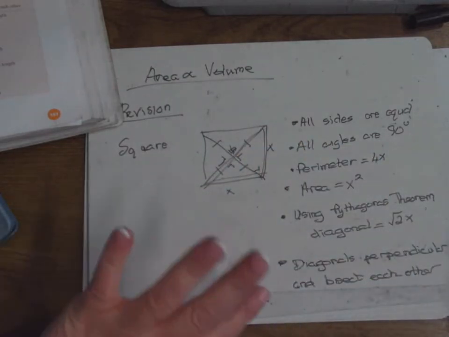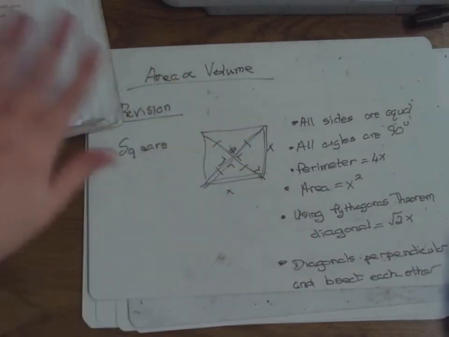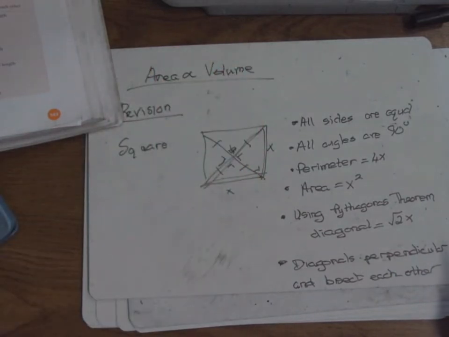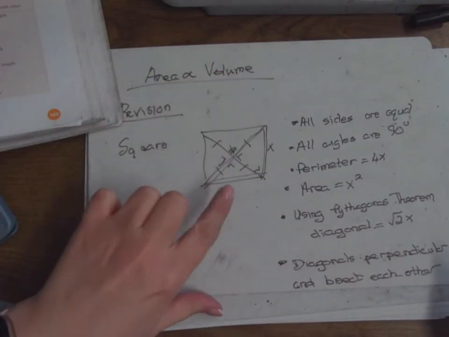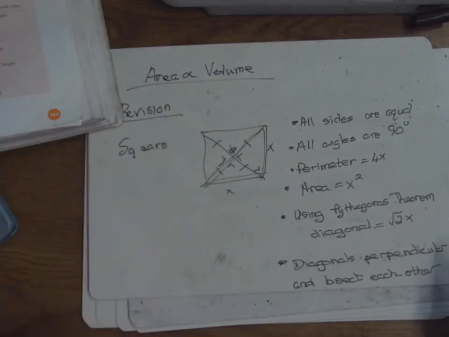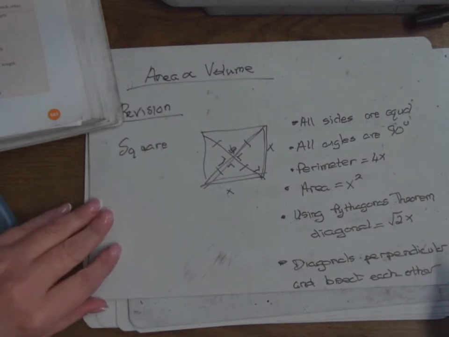Because they're all equal to start with, you have 4 equal lines in there, which makes 4 isosceles triangles, which you might have to use. Is that right? Squares? Any questions on that?